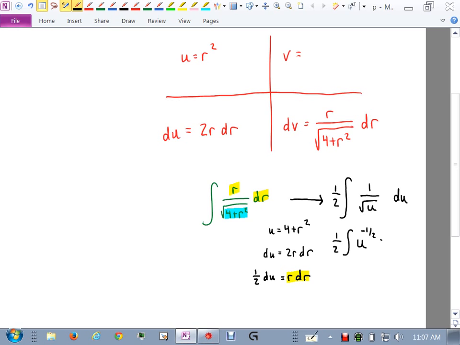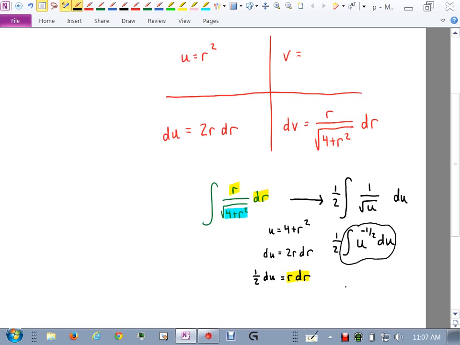But that's just 1/2 integral u to what power? Negative 1/2. And now I can do a power rule on that. The antiderivative of u to the negative 1/2 is 1 over 1/2 u to the 1/2, so 2, right? So the antiderivative right here will be 2u to the 1/2. But then we had a 1/2 out front, so just u to the 1/2.